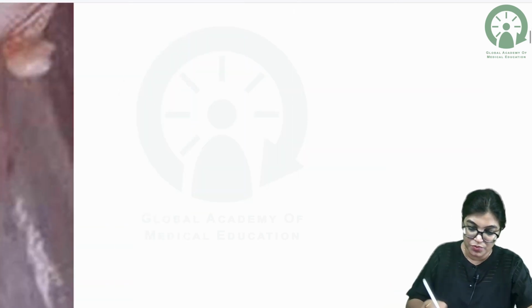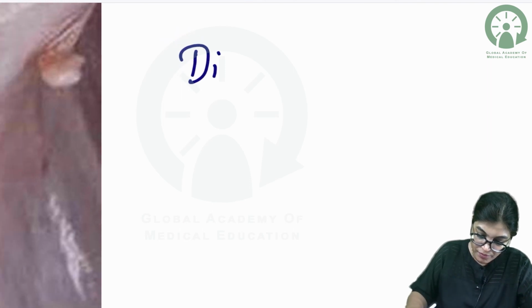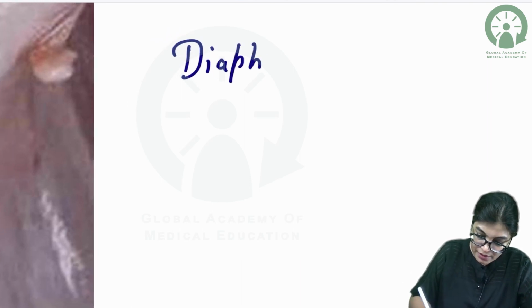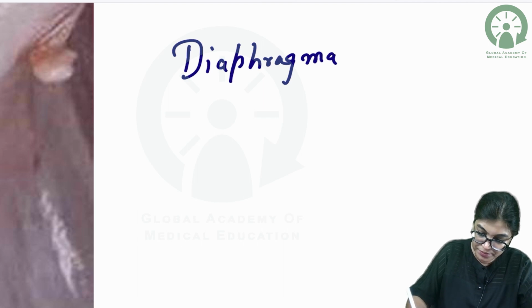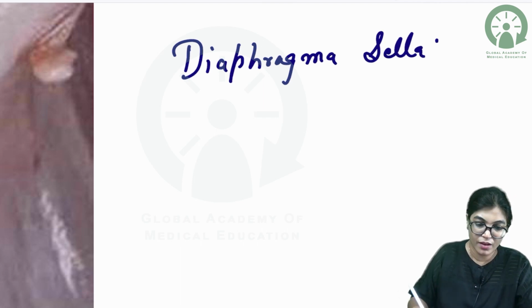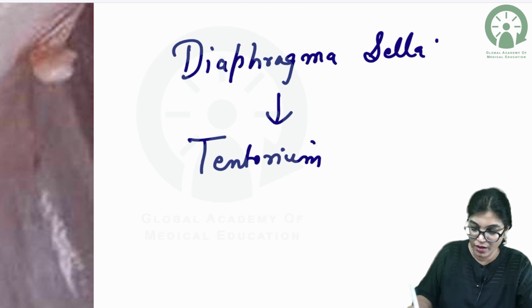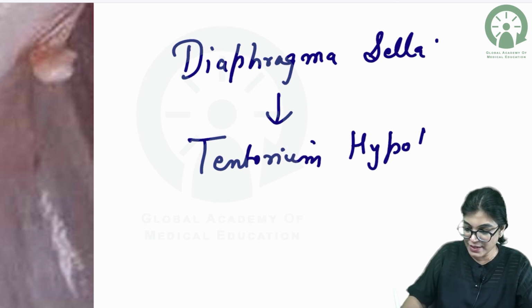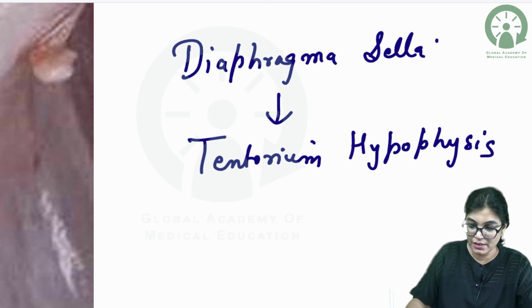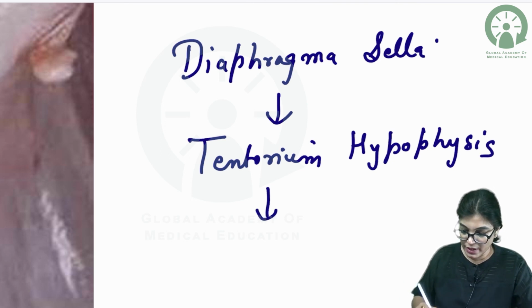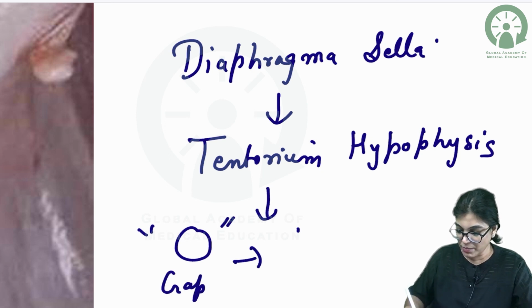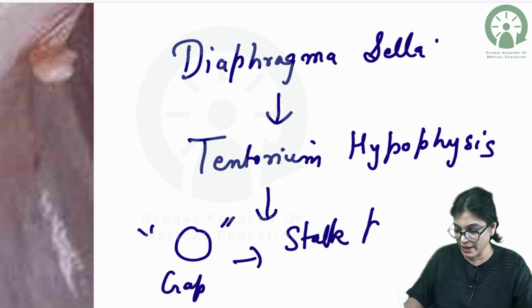So the diaphragma sellae, the fourth fold, is also called the tentorium hypophysae. It has a gap through which passes the stalk of the pituitary gland.